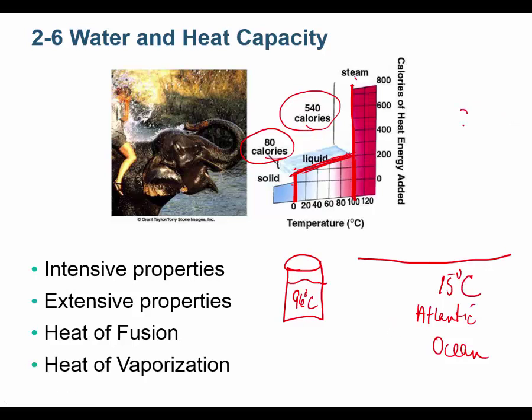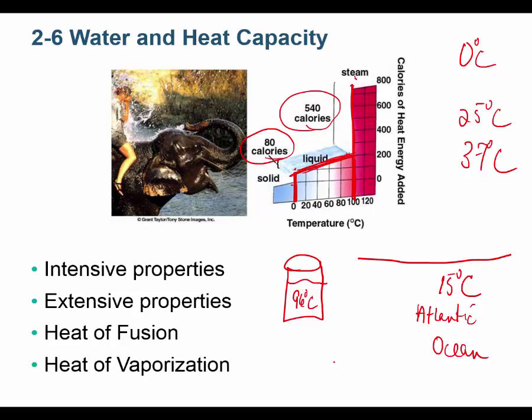Just so you know, 25 degrees Celsius is room temperature, 37 degrees Celsius is body temperature. So this Atlantic Ocean is far less than room temperature. And 0 degrees Celsius is freezing. So my Atlantic Ocean is 15 degrees Celsius, and my glass of water is 96 degrees Celsius.